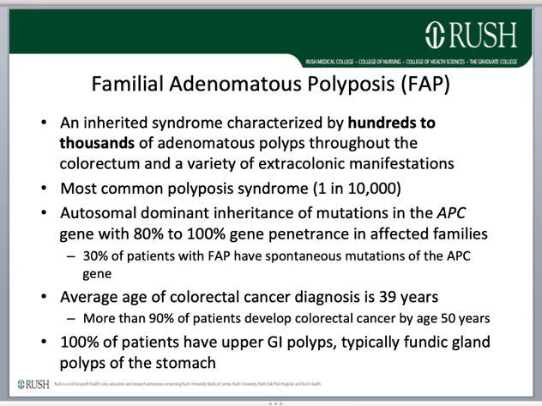The adenomas and carcinomas that arise in FAP are indistinguishable from sporadic adenomas that we just talked about. The average age of colorectal cancer at diagnosis is 39 years, and more than 90% of patients develop colorectal cancer by age 50 years. 100% of patients have upper GI polyps as well, which are typically fundus gland polyps of the stomach or conventional adenomas in the small intestine.